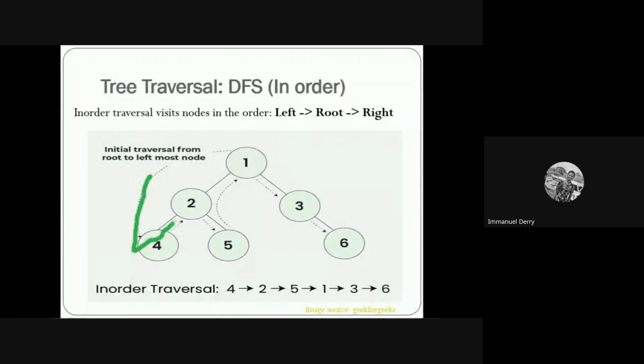Then you go to root, go to right, you go to root, in this particular order. Please, are we clear? So this is how the in-order traversal will look like: 4, 2, 5, 1, 3, and then 6. This is in-order traversal. Please, are we clear? So left, root, right. Left, root, and then right.